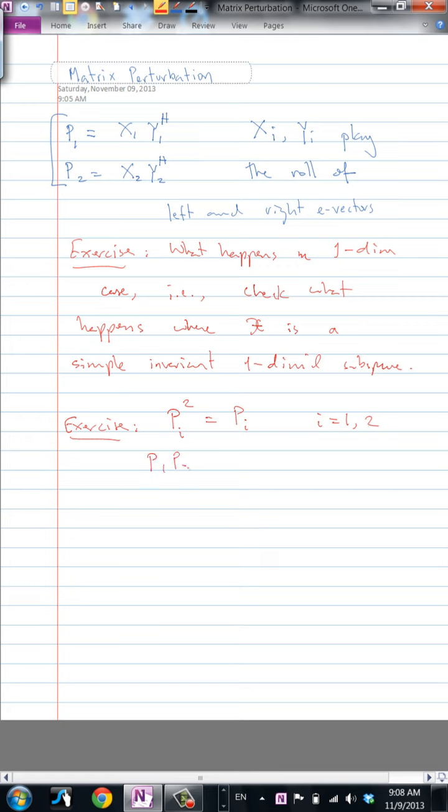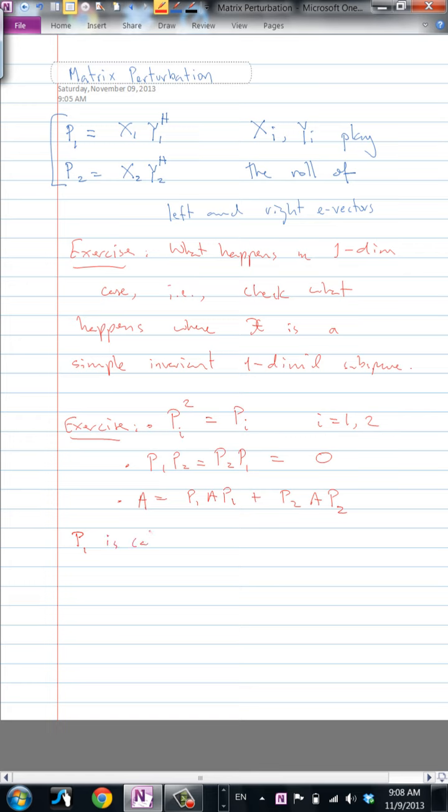Also, P1 P2 is equal to P2 P1, and that's equal to 0, of course. And third, that we can decompose A as P1 A P1 plus P2 A P2.